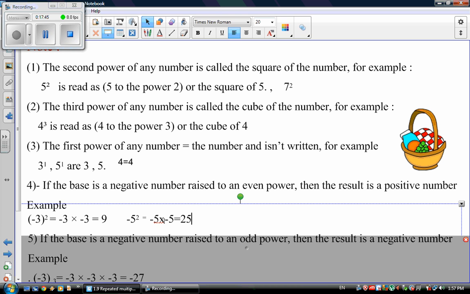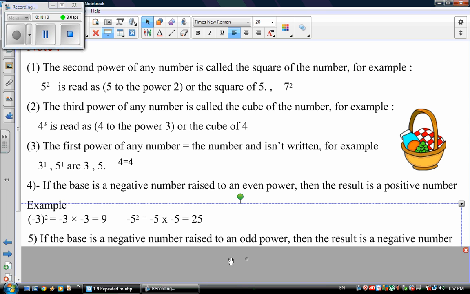So you see that the answer is a positive answer. So remember this rule very well. If the base is a negative number raised to an even power, meaning 2, 4, 6, 8, and so on, then the result is a positive number.